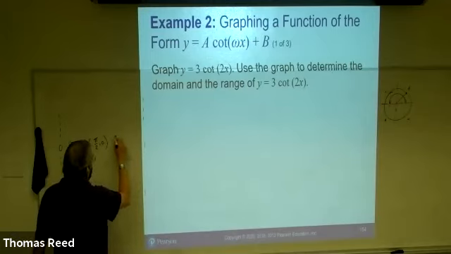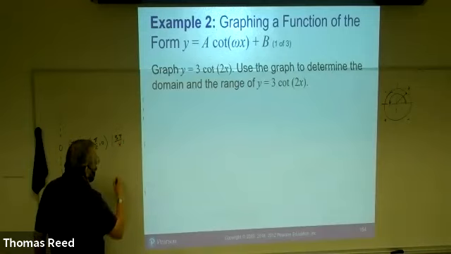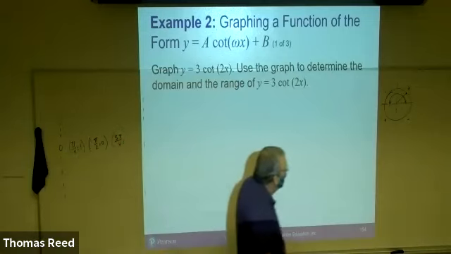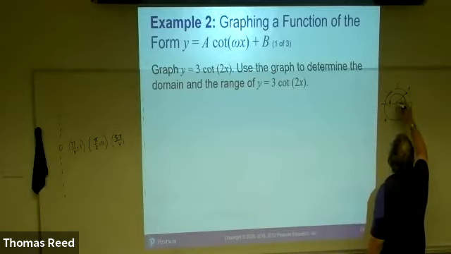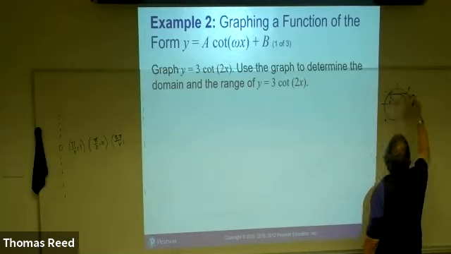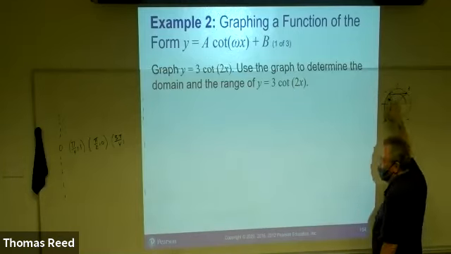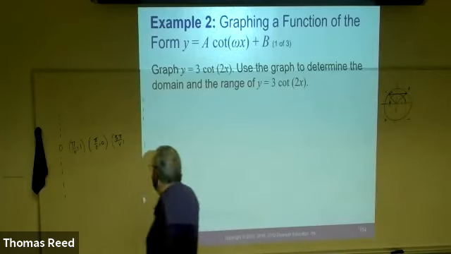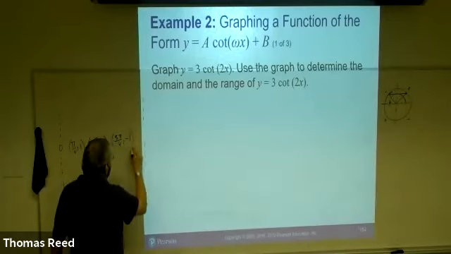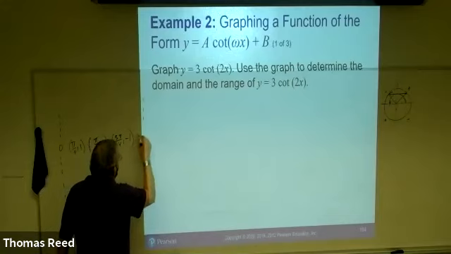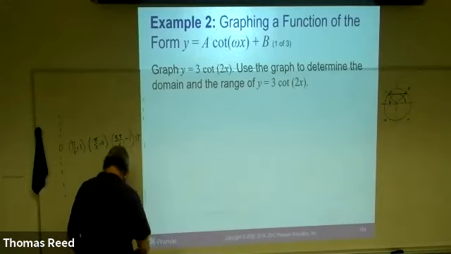And then at 3/4 pi, that's in this quadrant over here, it's going to have the same value as this, except it's going to be negative because cotangent is negative over there. So it's -1 here. And at pi, we have another asymptote.